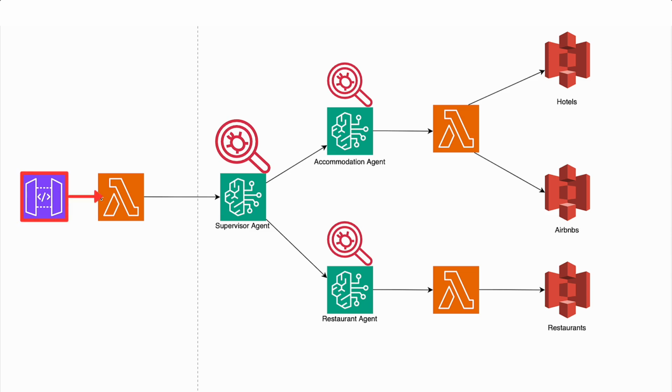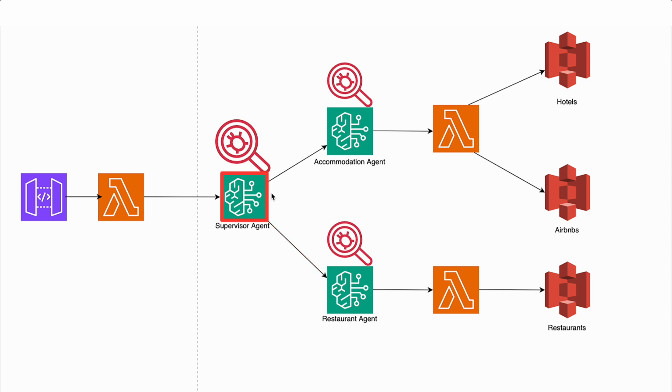Now, once you call API Gateway, it's going to trigger a Lambda function. And then the Lambda function is going to hit the supervisor agent, which is going to be an LLM in an agentic form. And the supervisor agent is then going to transform the user's input, and it's going to decide whether the user wants to stay overnight at a hotel or an Airbnb, or whether the user wants to look for a restaurant.